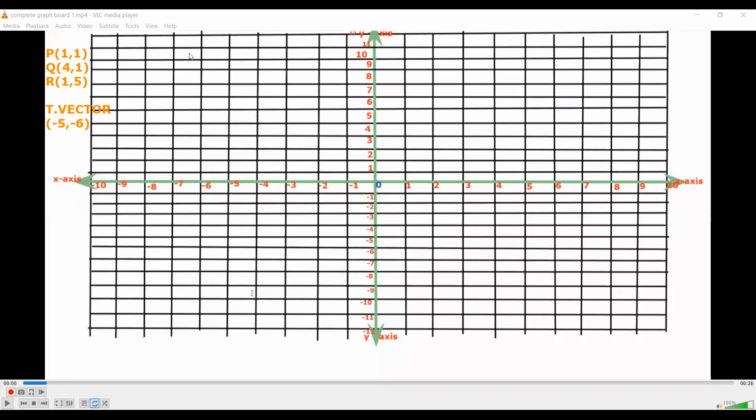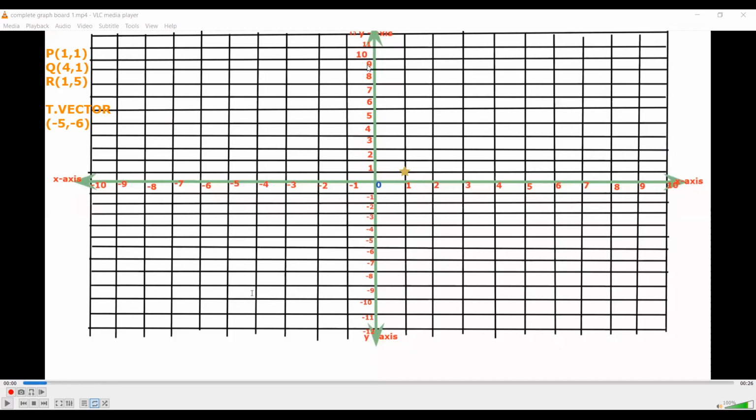So point P here is formed by 1 and 1. And I think 1 and 1 is here, which is a positive X and positive Y. Okay, so 1 and 1 is here.